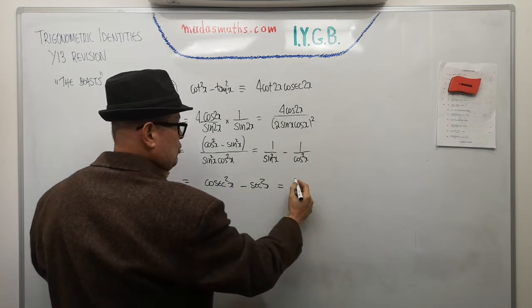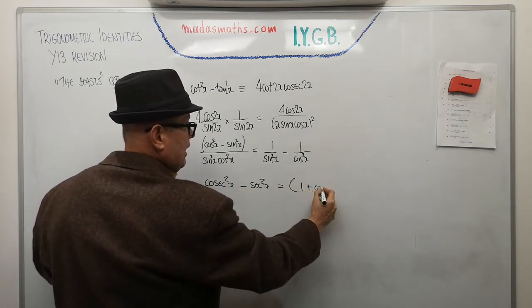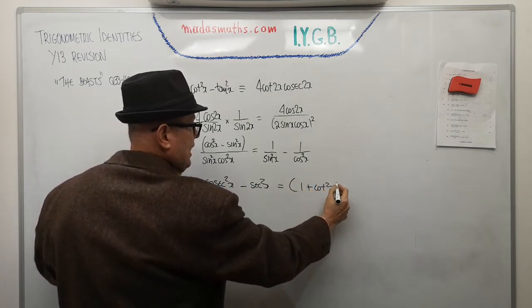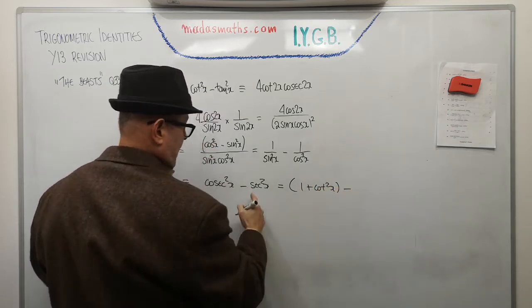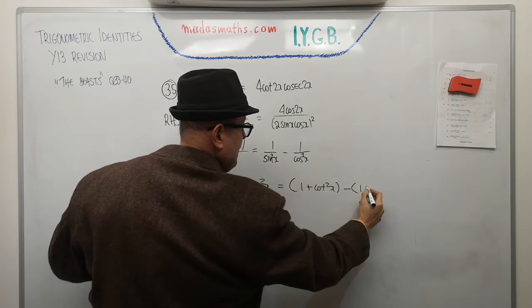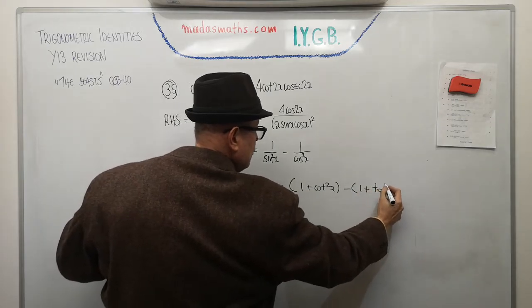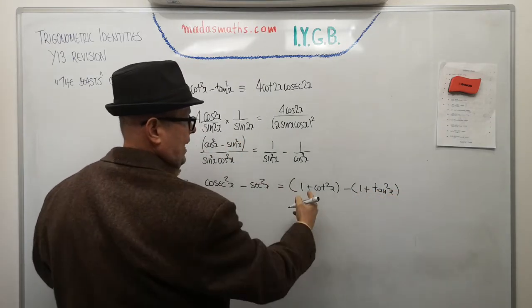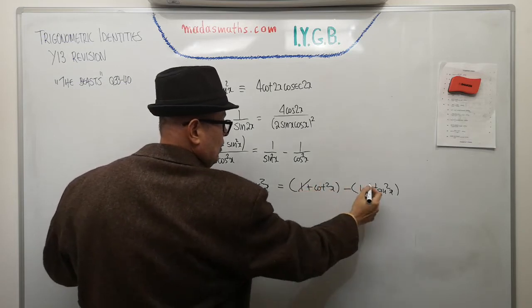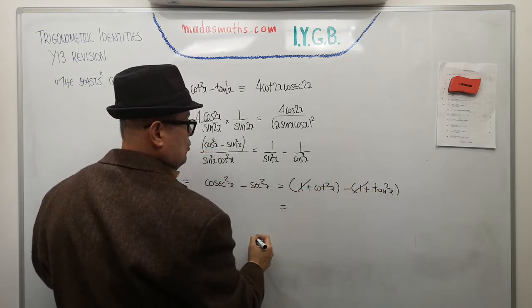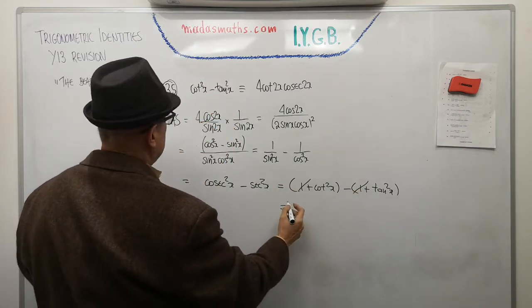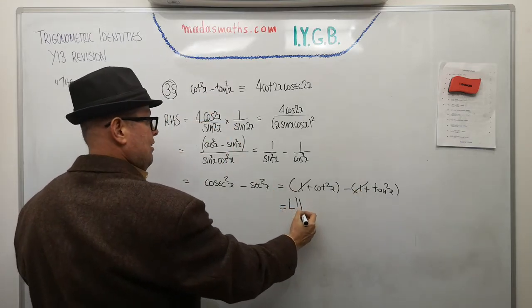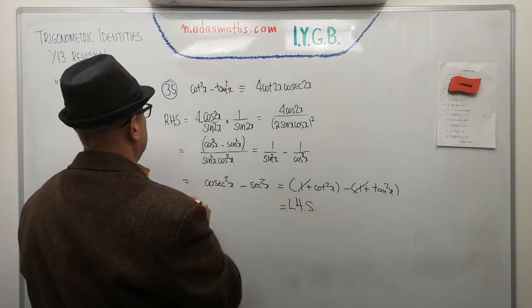So a cosec squared is 1 plus a cot squared x, Pythagorean identity, minus the sec squared is 1 plus tan squared of x. 1 minus 1 will cancel, and I think we're going to get from this cot squared, take away tan squared, which of course is our left hand side.